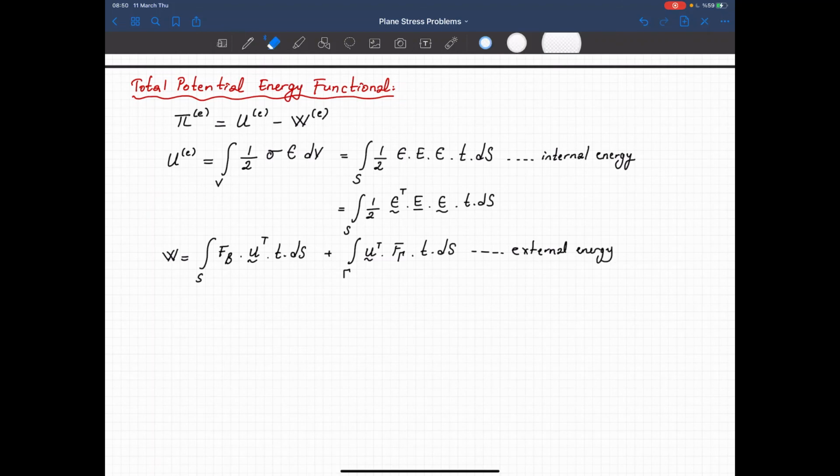Of course, this should not be S, this should be the boundary. So here this one represents the body forces, and this one represents the boundary forces.